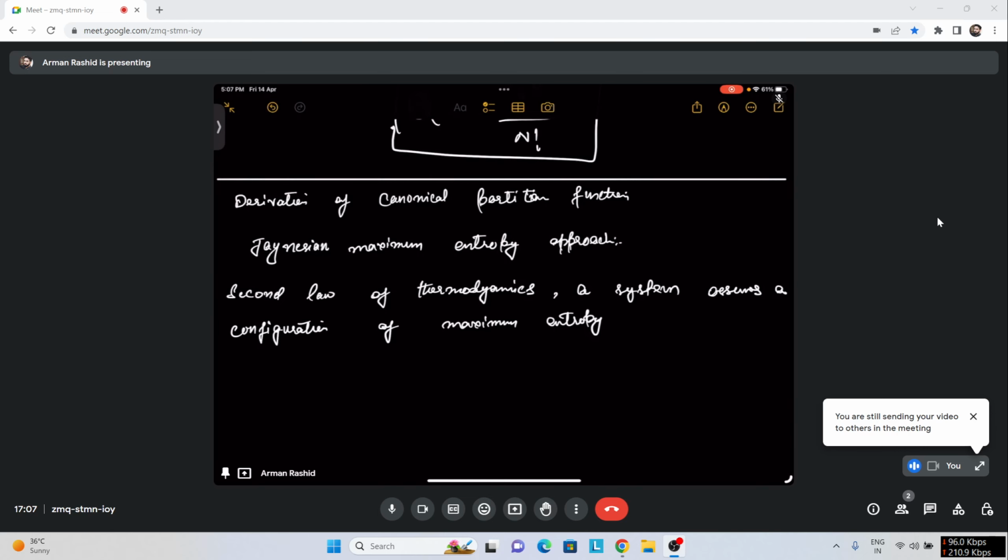Derivation of canonical partition function. As I told you, according to the second law of thermodynamics, a system assumes a configuration of maximum entropy.